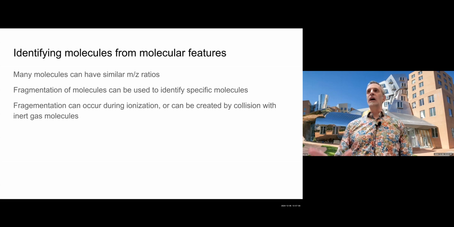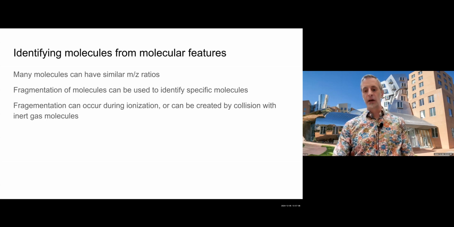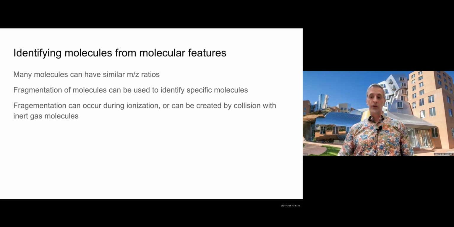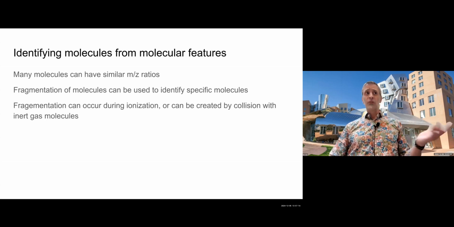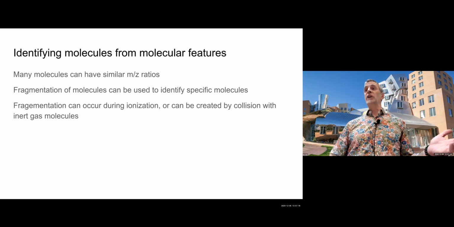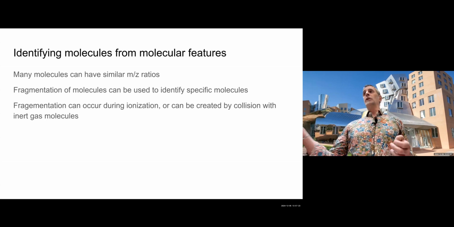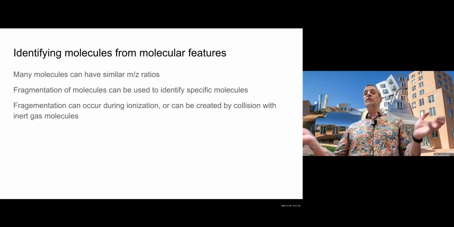Well, that's where fragmentation can help us. If we're using a hard ionization method, we may get fragments while we're generating the data itself, while we're ionizing the sample. We might get the full molecular ion and also a bunch of fragments.